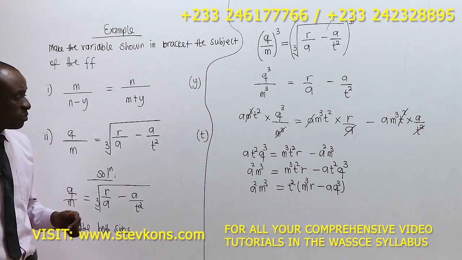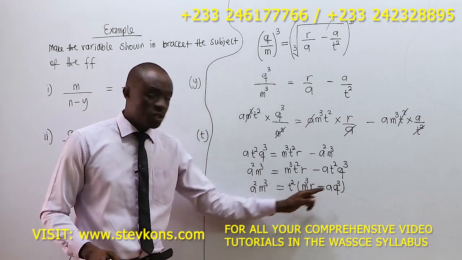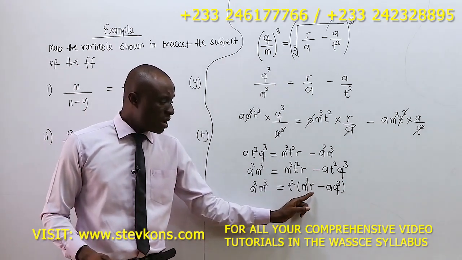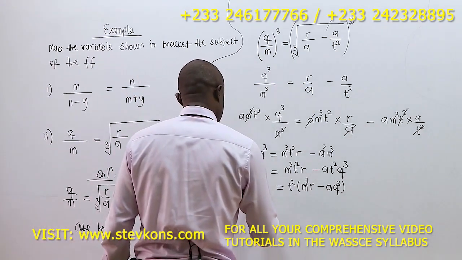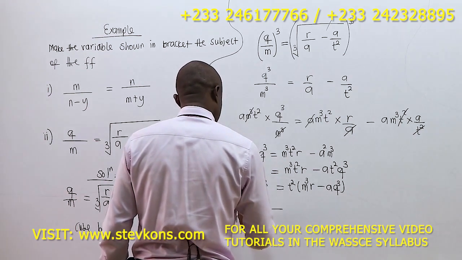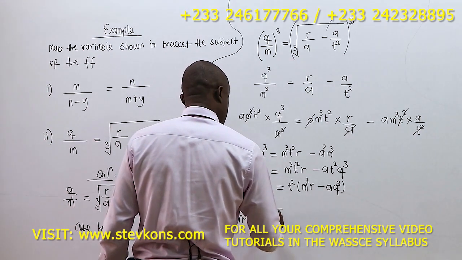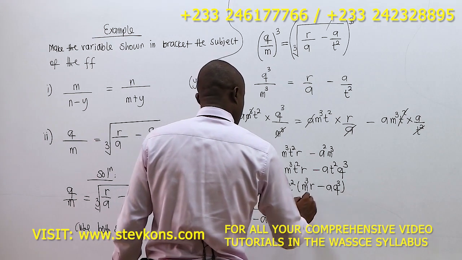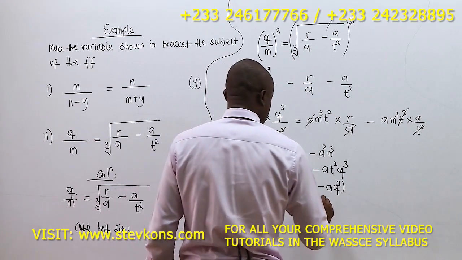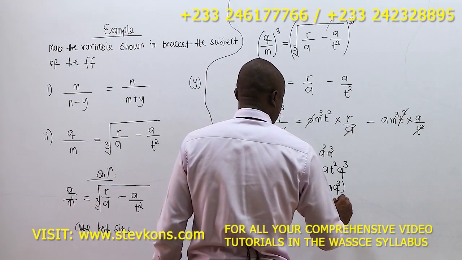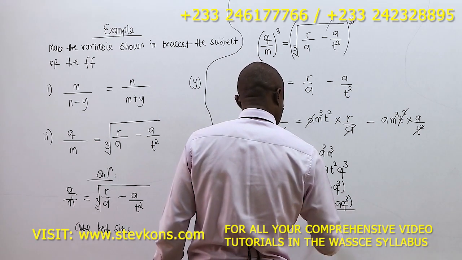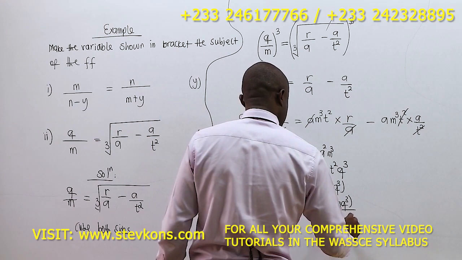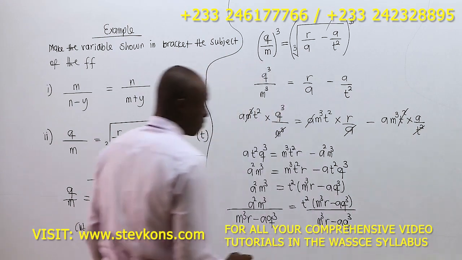That's what we have. We want to make t the subject, so we divide both sides by what is multiplying the t squared, which is m cube r minus a q cube. So we have a squared m cube all over m cube r minus a q cube equal to t squared times m cube r minus a q cube all over m cube r minus a q cube.